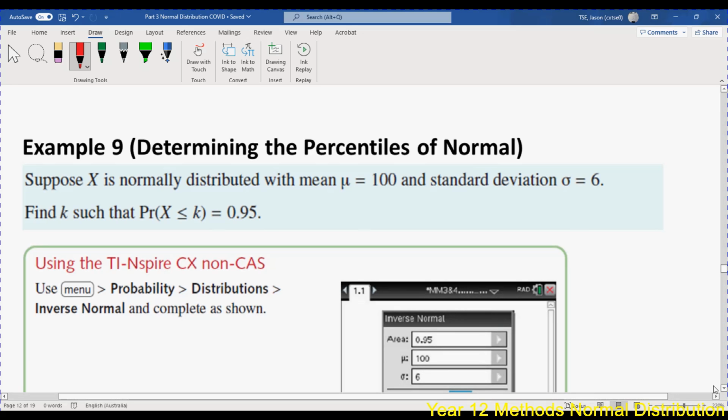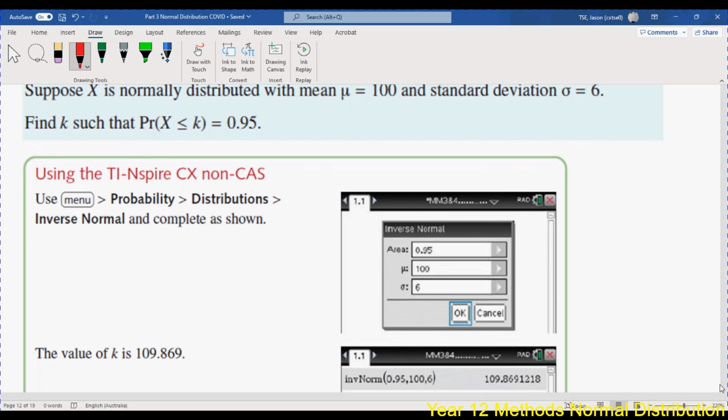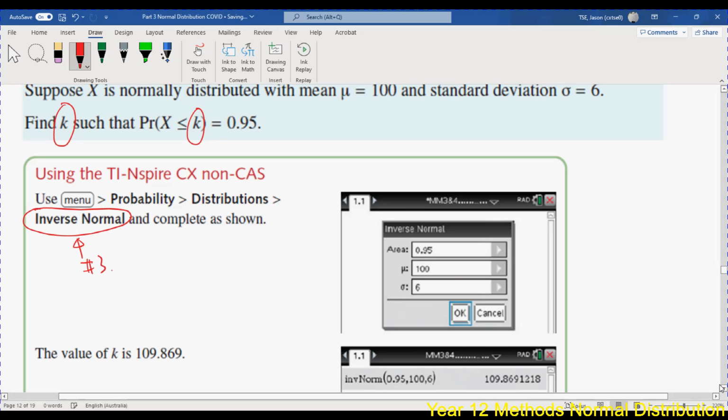For example, when X is normally distributed with mean 100 and standard deviation sigma 6, find k such that P(X ≤ k) = 0.95. Remember, the target is to find k. So in your calculator, you need to go to distribution, but this time you need to go to inverse normal. That should be number 3 of the function list.